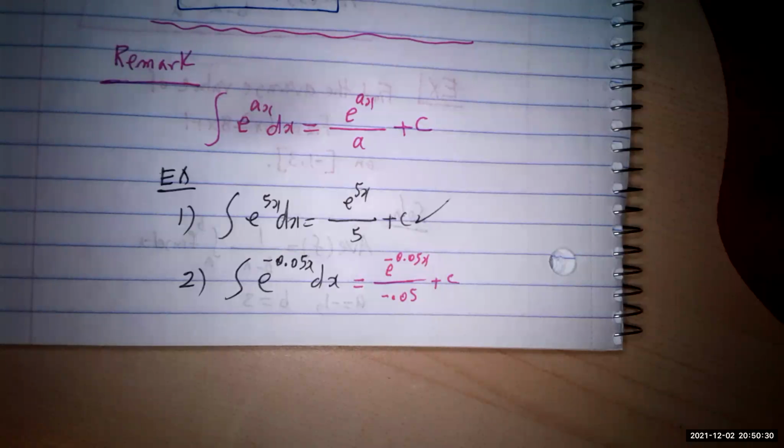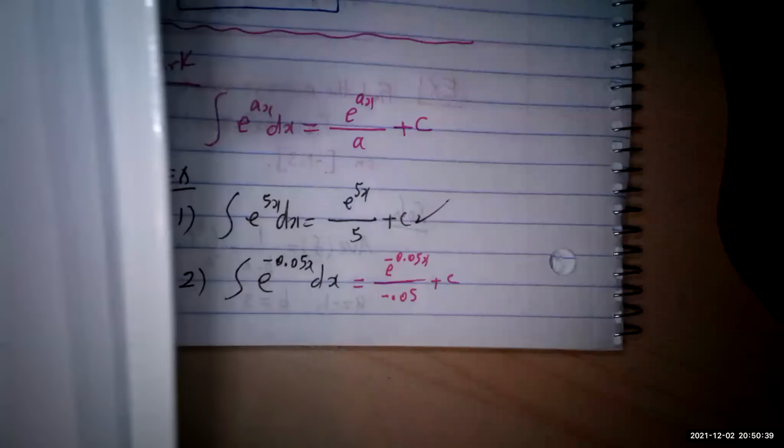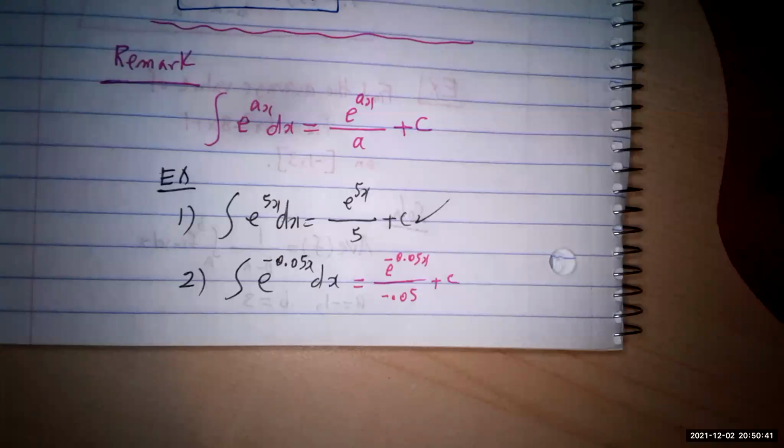You have one in your practice one. Let me give you one. No, your book is too easy. No, your book, they give you e to the x, which is going to be easy.